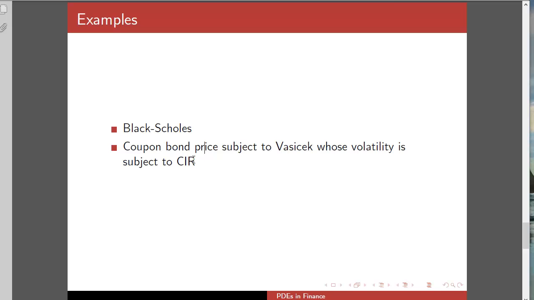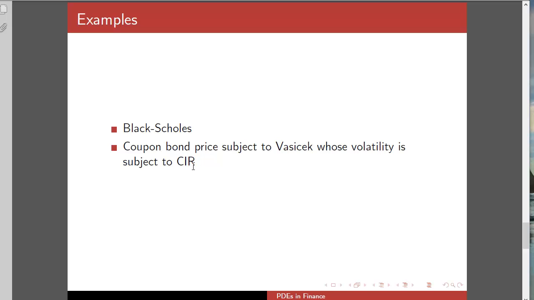You are supposed to find a formula for a risk-free coupon bond whose short rate is subject to the Vašíček model, but the Vašíček model has a volatility which is subject to the Cox-Ingersoll-Ross model.